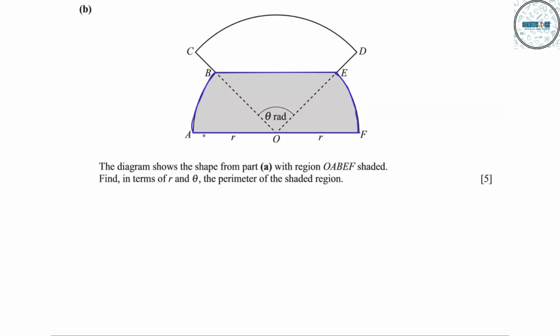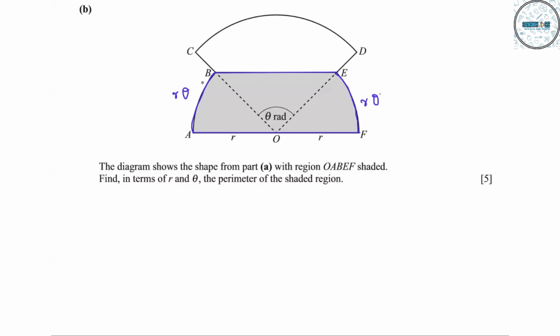We already have this length r plus r. We can find the arcs using the arc length formula, which is r theta, and this as well r theta.